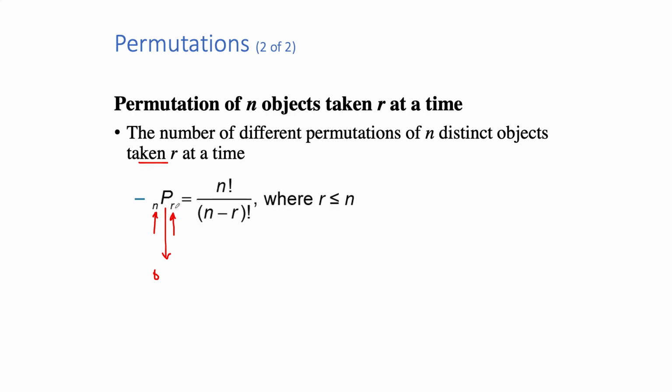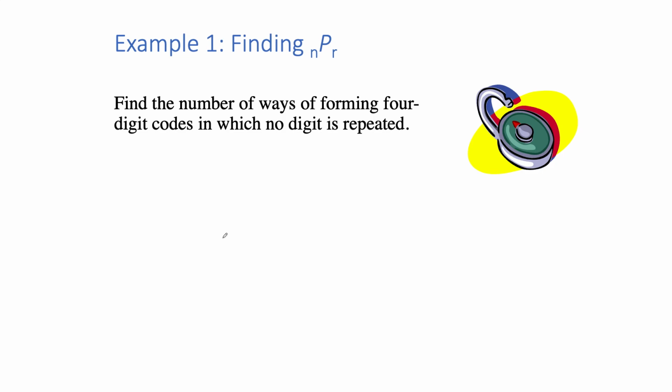What it means is that the order in which these r objects are chosen matters, right? So in general, the formula for nPr is written as n factorial over n minus r factorial, all right? Okay, if this seems not very intuitive, let's take a look at an example and see why it matters, okay?